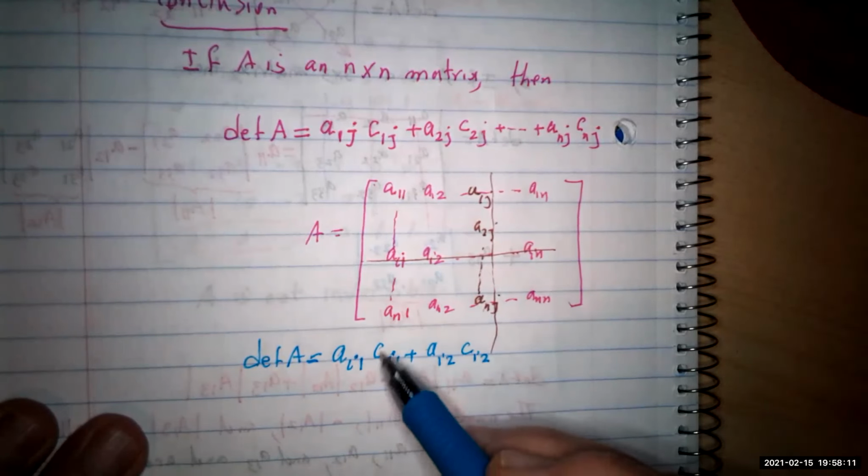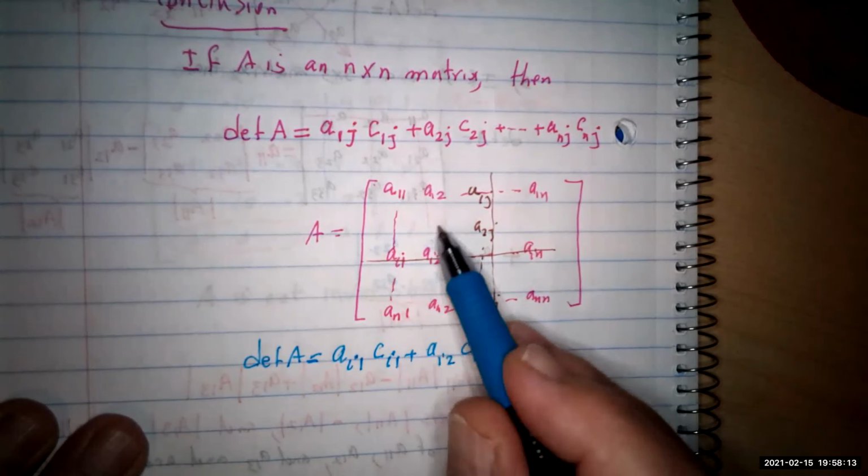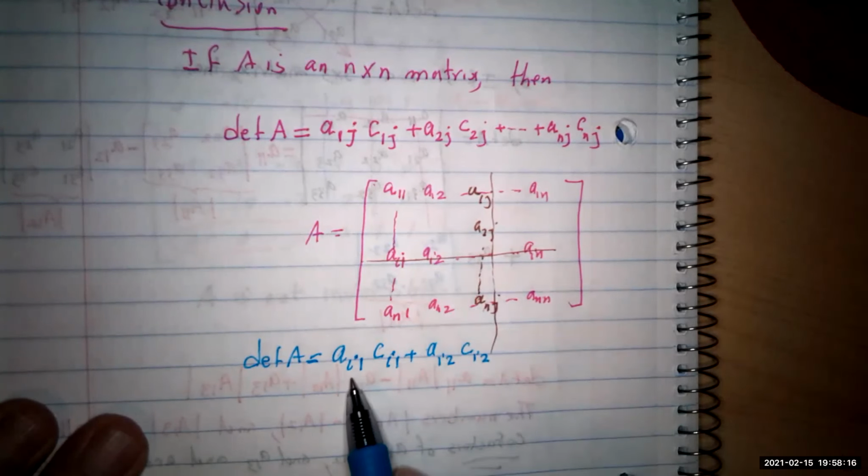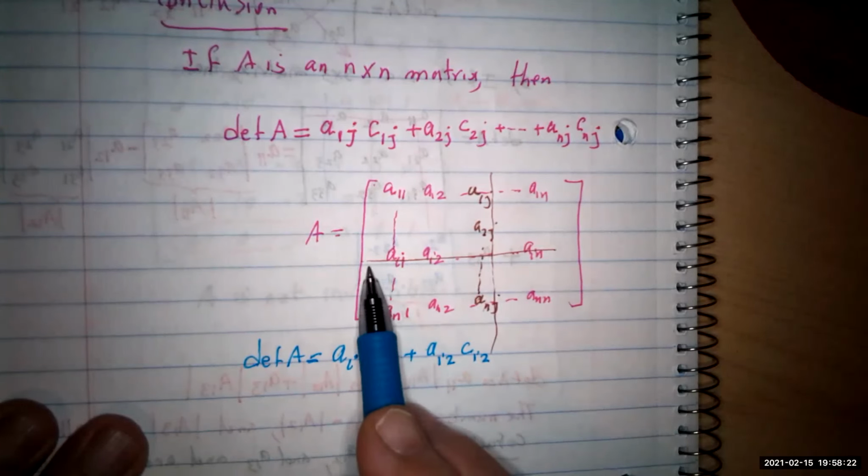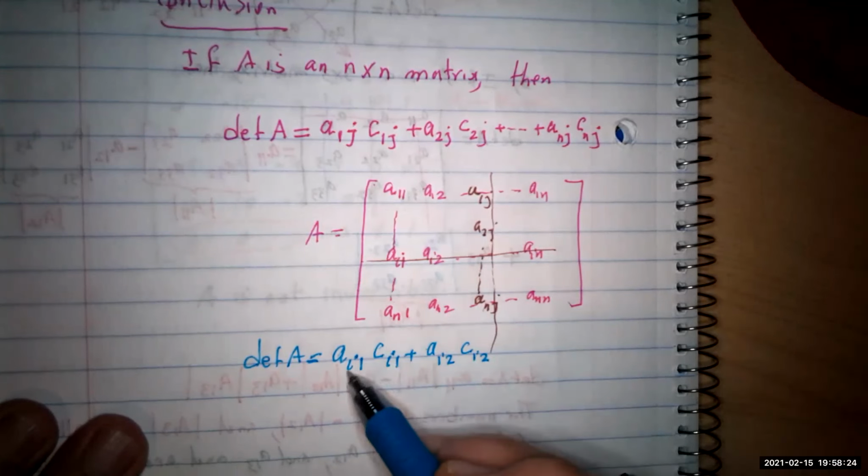So over here, you are going to eliminate the i row, and sorry, this must be j.